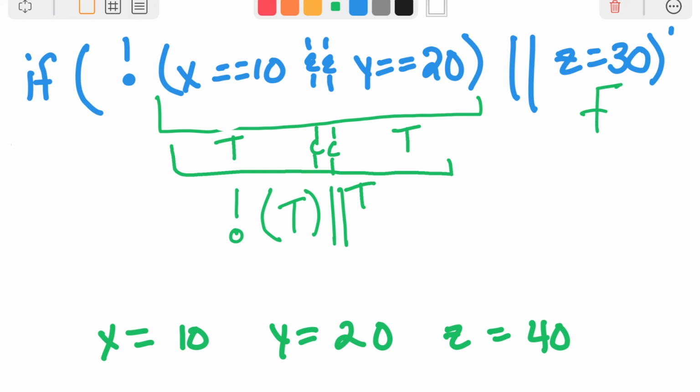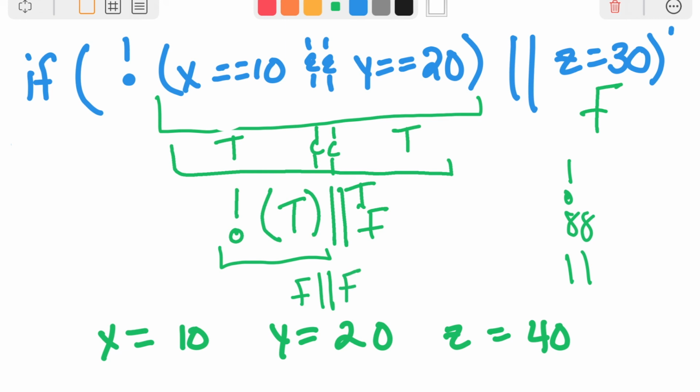So we have not true or false. So next, we have two operators left: not and or. So we have to look at what has higher precedence here. The not operator has the highest precedence, then it's and, then it's or. So we're going to do this one first, and this is going to turn this to false. And now this is going to equal false, which means we won't do the code in there.